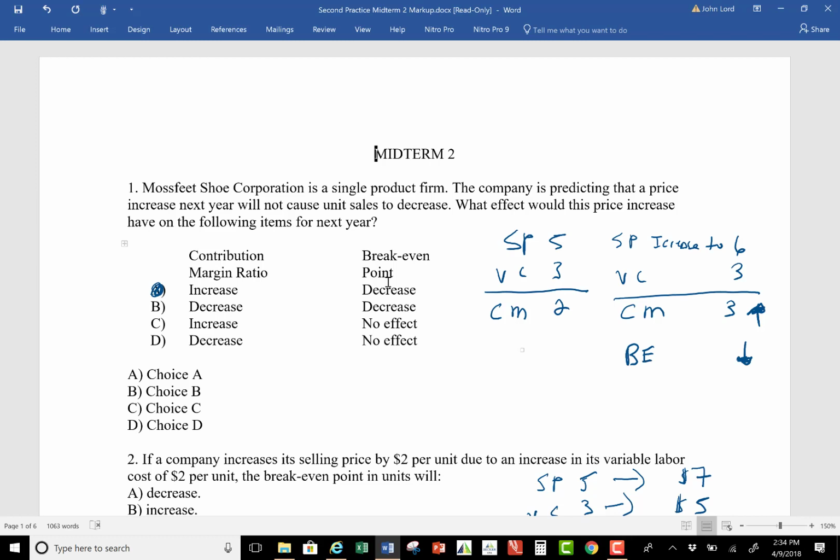This one was just asking about break even though, and so what happens? My break even in units will come down, won't it? Because I have more going towards my fixed cost per unit. So the number of units is going to come down. Right?